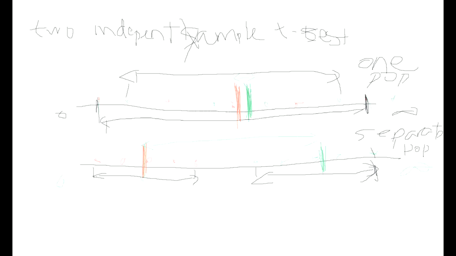So how is that done? Well, you can operationalize it by computing the mean differences and the standard error and getting the ratio, and that's the t value. So that's how it's done.